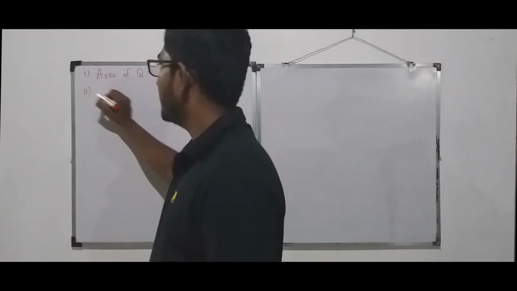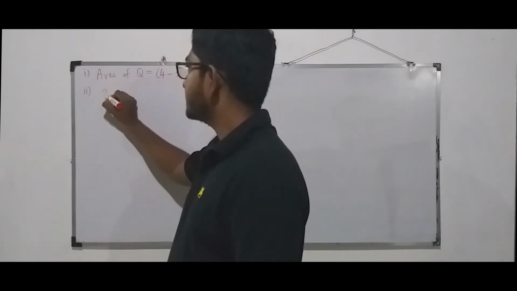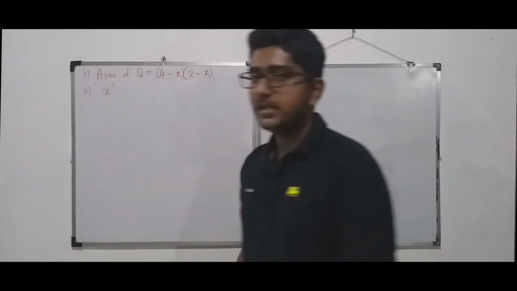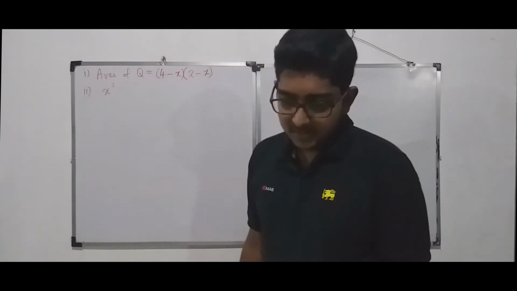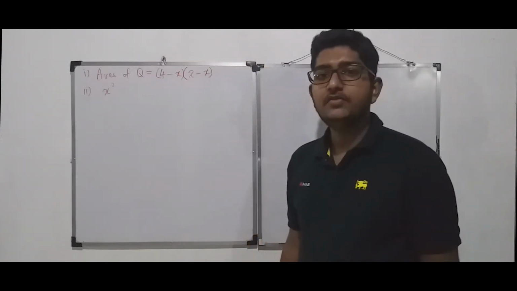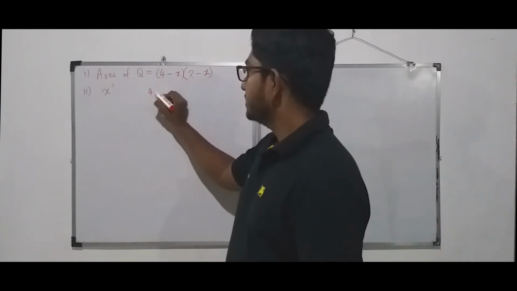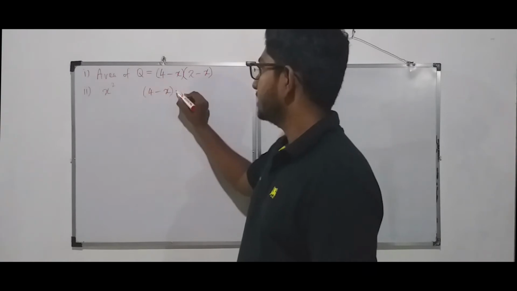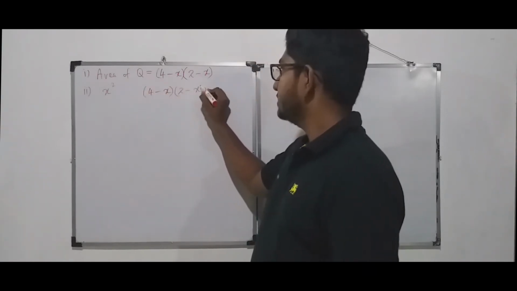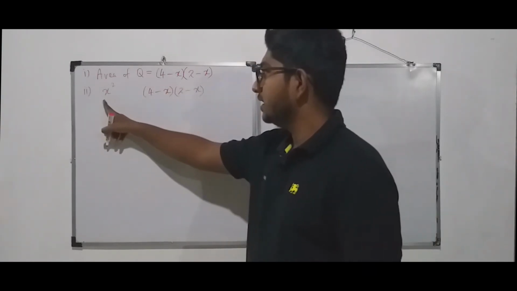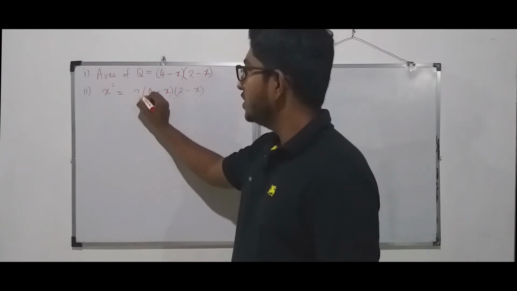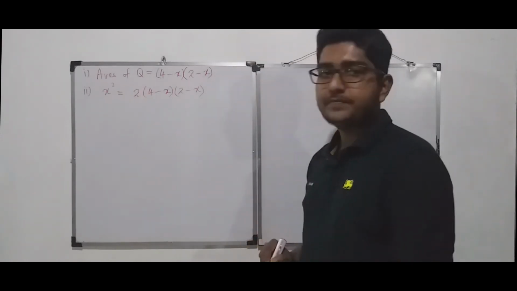It is a square of side length x. So area will be x squared. Is twice the area of Q. So what was the area of Q? This is that expression. But they are saying this area is equivalent to 2 times this area.